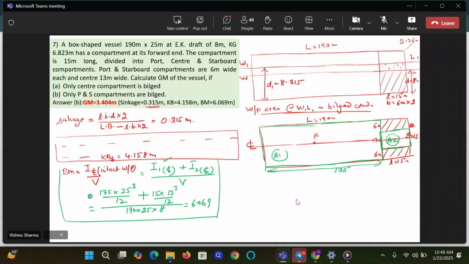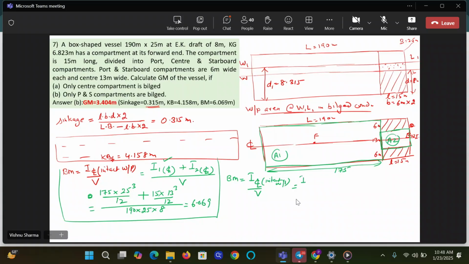Now the same BM I'll do by the same method that we were doing, guys, earlier. Now BM is equal to ICL of the intact water plane upon volume of displacement, so that if you're not comfortable with a switch, you can just continue following it.